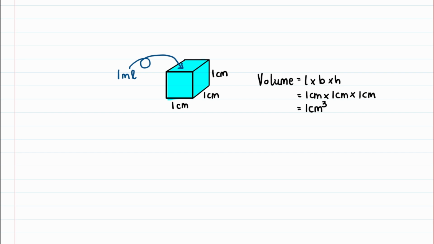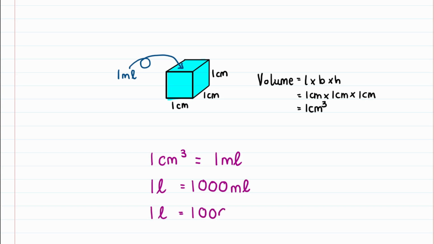If we can fit 1 milliliter of liquid inside 1 centimeter cubed, we can learn the following important rule. That 1 centimeter cubed is the same as 1 milliliter. But this also means that if 1 liter is the same as 1,000 milliliters, then it's safe to assume that 1 liter is also the same as 1,000 centimeters cubed.